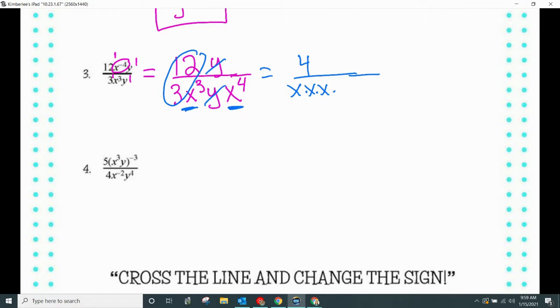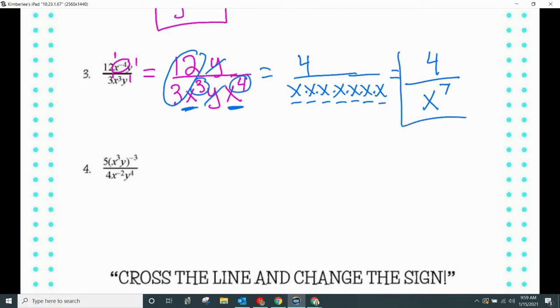X to the 4th is x times x times x times x. Well, this is the same thing as 4 over x to what power? 1, 2, 3, 4, 5, 6, 7. X to the 7th. So if you didn't remember the shortcut, it was to add up the powers. 3 plus the 4 would have given us the 7. There's your final answer. Let's work one more together.